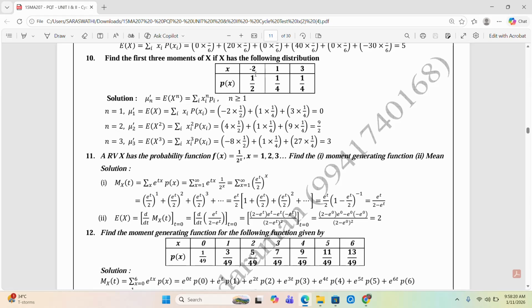So multiply: minus 2 into 1 by 2 plus 1 into 1 by 4 plus 3 into 1 by 4. After multiplying, this is minus 1 after cancellation, plus 1 by 4 plus 3 by 4.